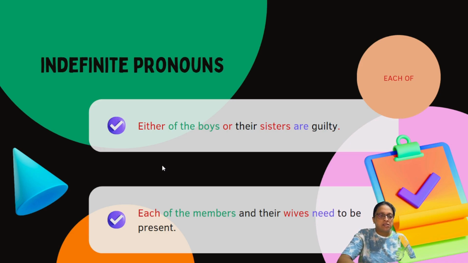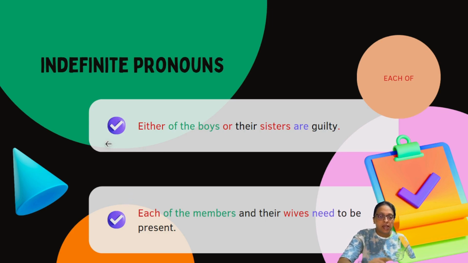So if the sentence had been like this, "Each of the members needs," then it would be needs. If "and their wives" had not been there in the sentence, then it would have taken a singular verb, because we are talking about every individual member.